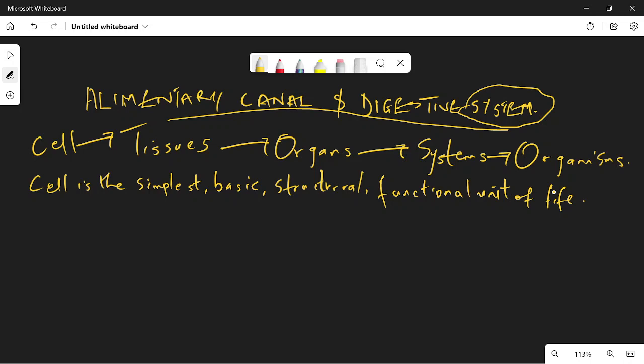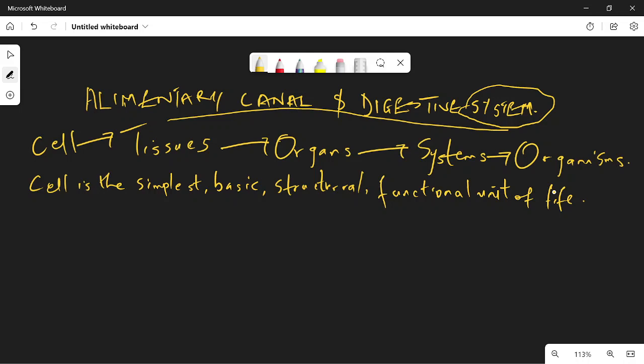Every organism that you can think of is made up of a cell, provided that organism is a living thing. Provided that material or that substance is a living thing, it must be made up of cell.